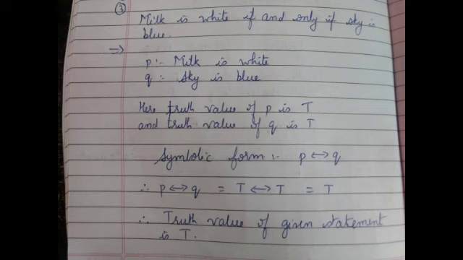One more example I have taken of the same type. Third example is milk is white if and only if sky is blue. Here we'll denote statement P, milk is white, and statement Q, sky is blue.